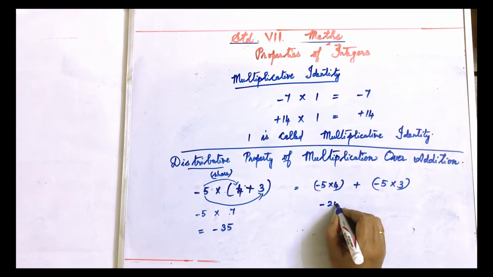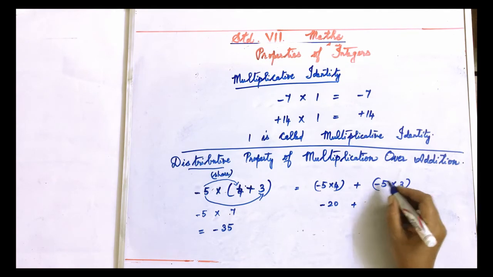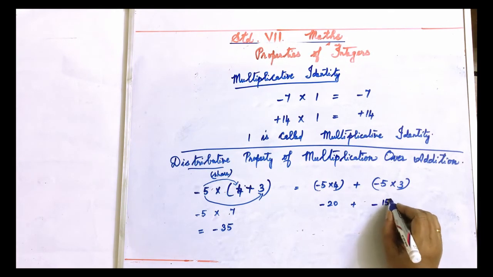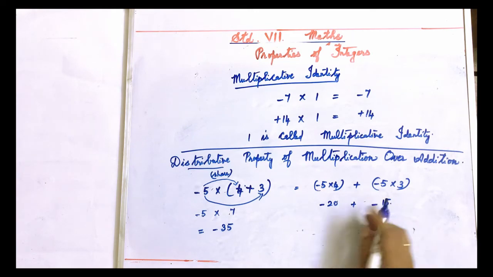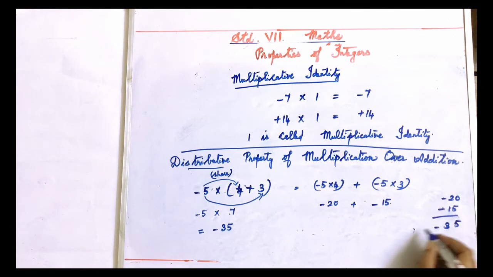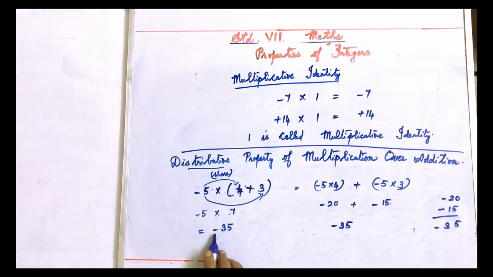Plus, here also no sign, so it is understood as plus. Minus into plus is minus. 5 threes are 15. Now both the numbers we should add. Both have the same sign, minus 20 minus 15. So we have to add because we have the same sign here. 5, 2 plus 1 is 3. Both are minus, so we should write the minus sign. So the left hand side and right hand side answers are the same.